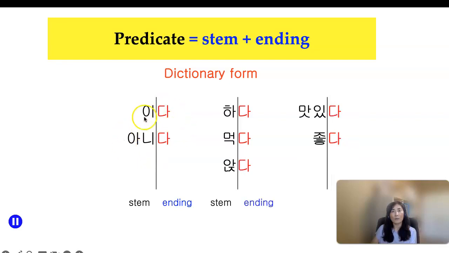Before 다, 이 is a stem. Before 다, 아니 is a stem. 하, 먹, 앉, these are all stems. 맛있다, to be delicious. Before 다, 맛있 is the stem. So a stem is not just one syllable, but it could be multiple syllables.